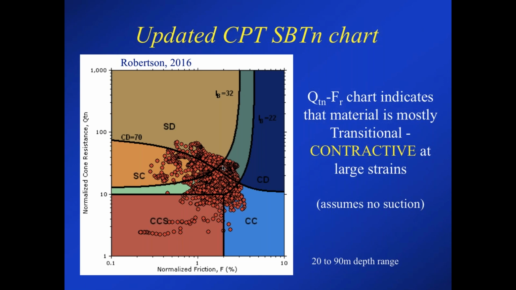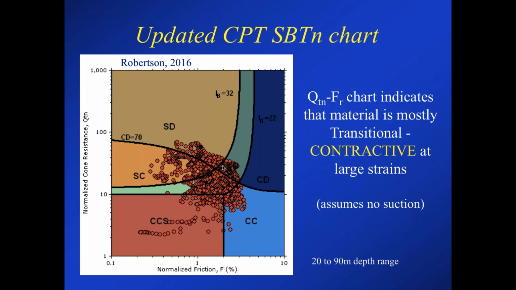But since we know for dilative materials the undrained strength could be larger than the drained strength, partial drainage goes the other way around. So it's not exactly clear how big the effect is when the material might be on the boundary between being contractive and dilative at large strains. And so if it's on that boundary, not much contractive, not much dilative, then in fact changing the rate would have almost no effect in terms of drainage.